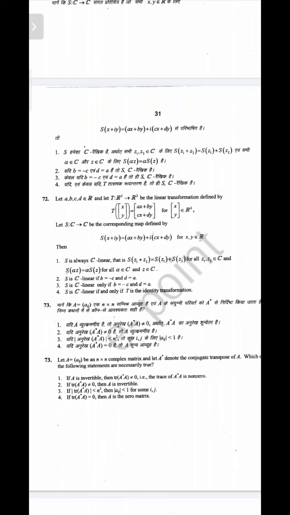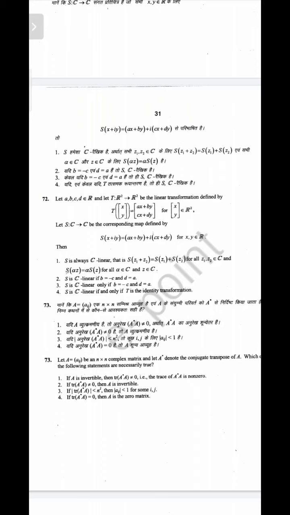Suppose I take a matrix whose diagonal elements are 1, omega, omega square. In that case the trace is 0, but your matrix is not the zero matrix. So option 4 is gone.